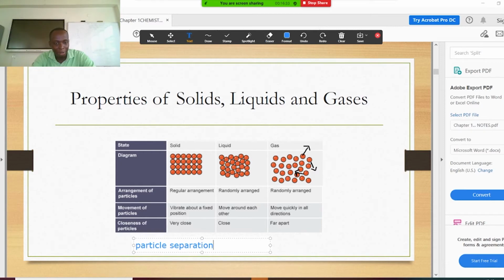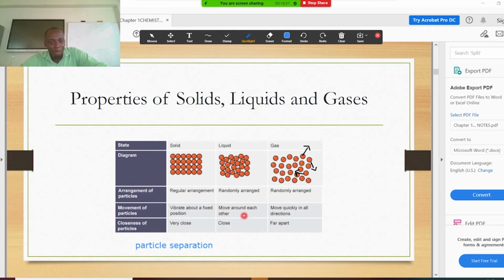If we look at solids, solids are very close. So if you are describing the separation of particles, you say that they are very close. You can also say they are touching. They touch each other.